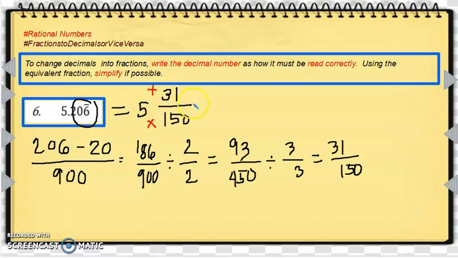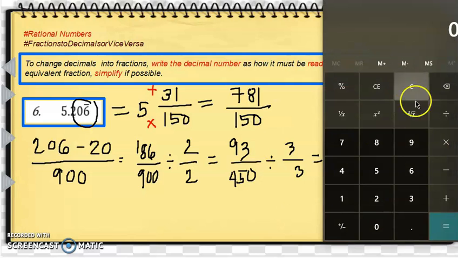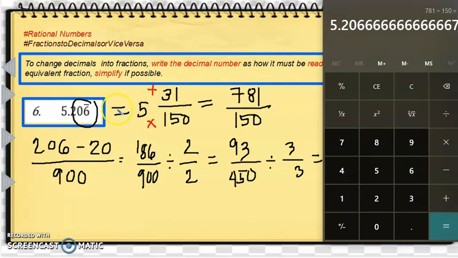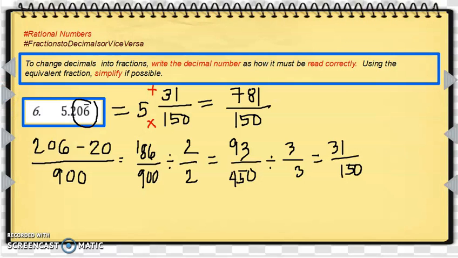So we have here 781 all over 150. And to check, we need to have the calculator. 781 divided by 150 is, and there you have it. You have 5.20 and then the 6, the only digit that repeats on the decimal part. So that means our answer is correct.